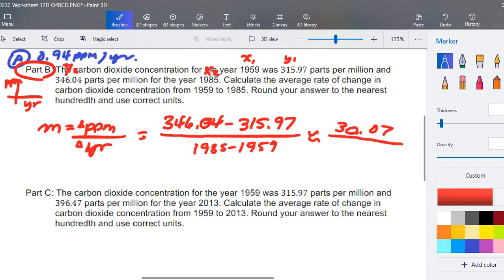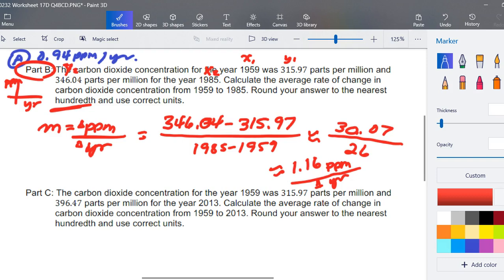And I can punch in 1985 minus 1959, and I'm getting 26 years. When I divide 30.07 by 26, and it says round to the nearest hundredth, I'm getting about 1.16 parts per million per every 1 year.